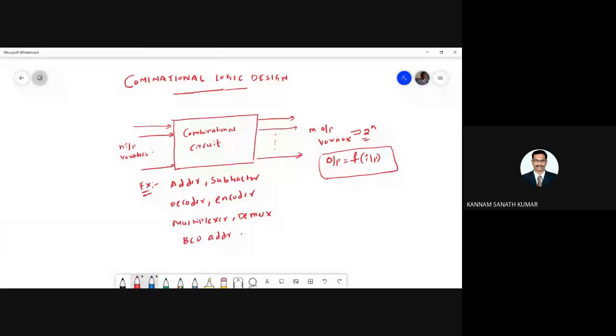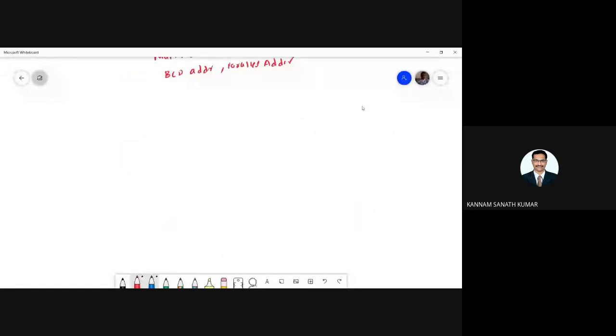These all come under the combinational circuit. We'll study these combinational circuits separately. So first of all, today we'll study the adders.